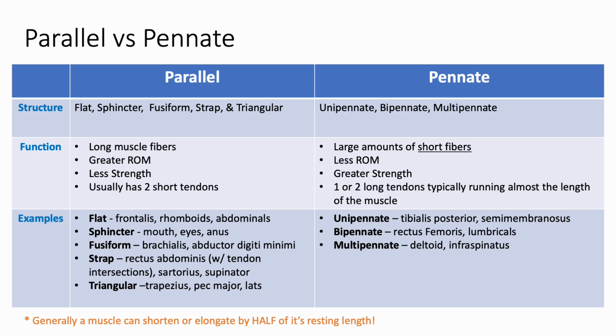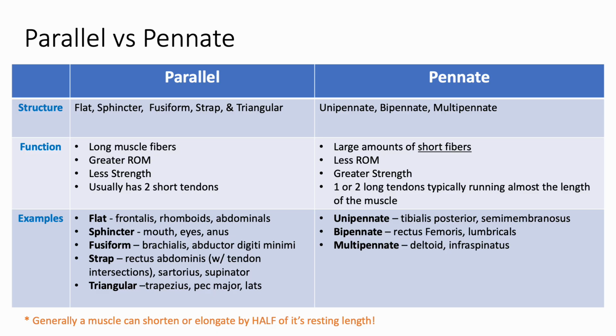So with parallel, you have flat, which are thin and broad, typically like the frontalis. Sphincter, circular fibers that open and close. So we're talking about mouth, eyes, and anus. Fusiform, wide belly with tapered ends, for example, brachialis.